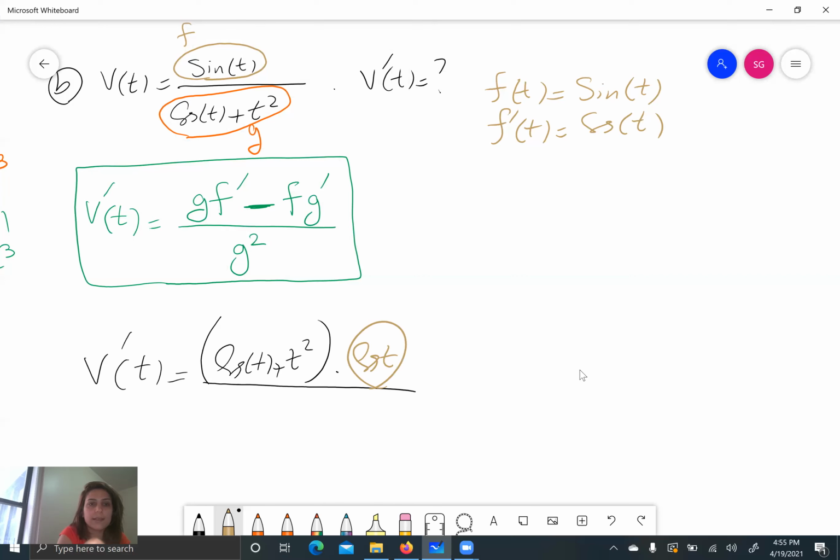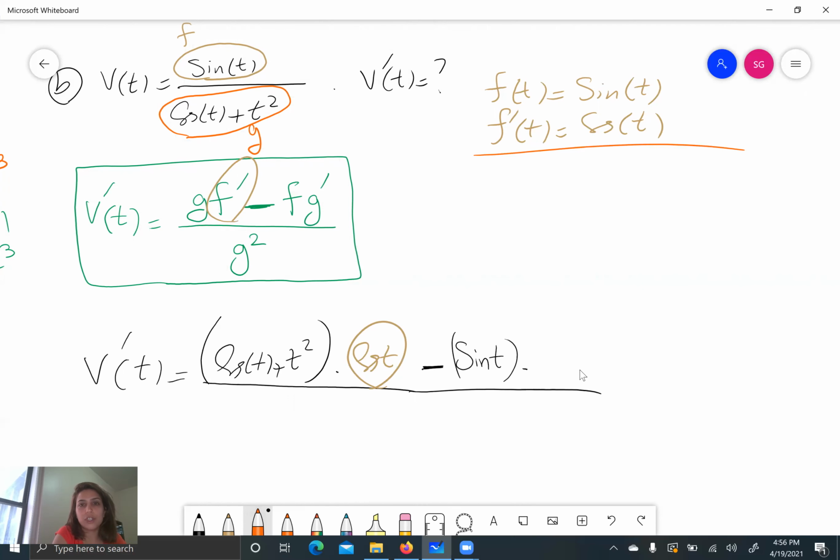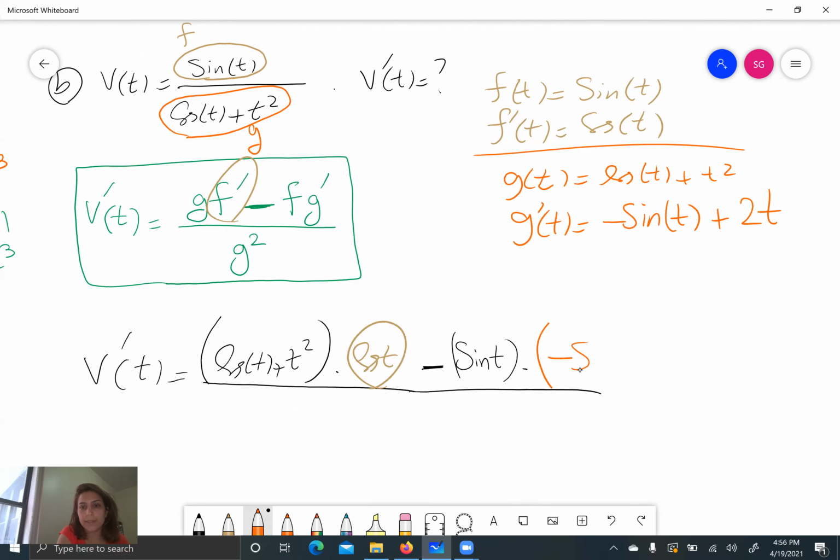Minus f, which is sine of t, times g prime. What is g prime? If g is cosine plus t squared, then g prime is the derivative of cosine, which is negative sine, plus the derivative of t squared, which is 2t. So g prime is negative sine plus 2t.